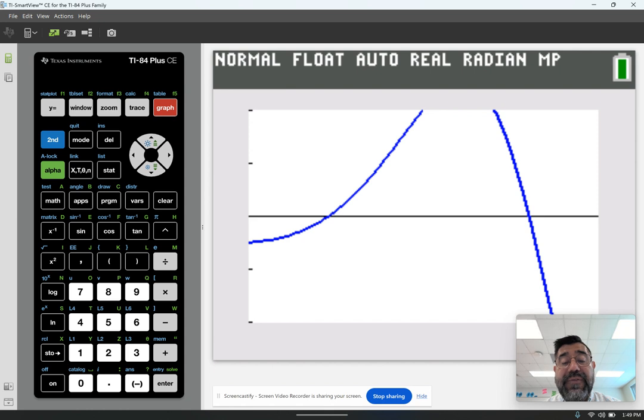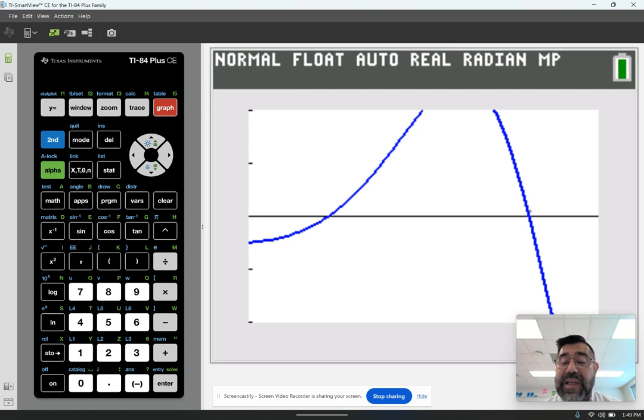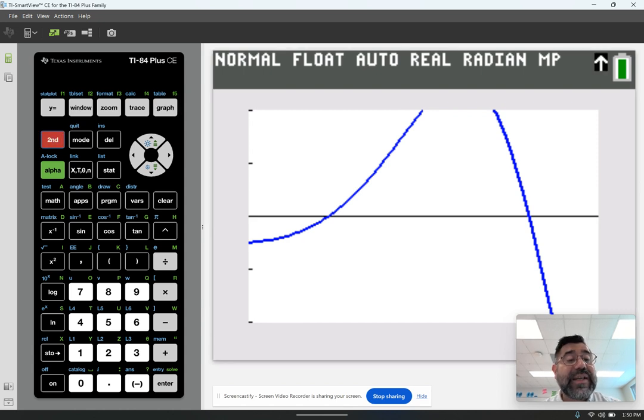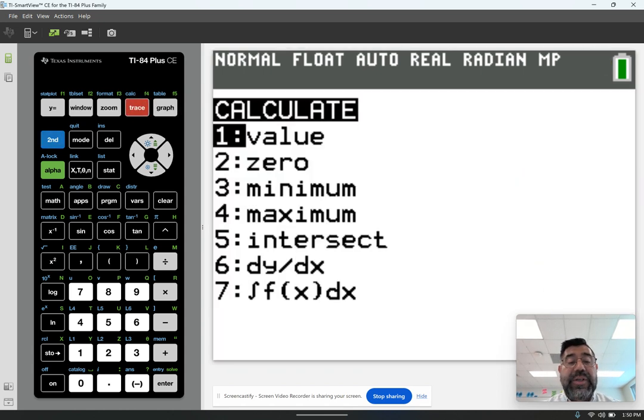So between positive 1 and 2, there are only 2 places where the velocity is equal to 0. We're going to find what those places are. There are different ways to do this. If you press second trace, you can do a 0, find a 0, and then that can help you figure it out.